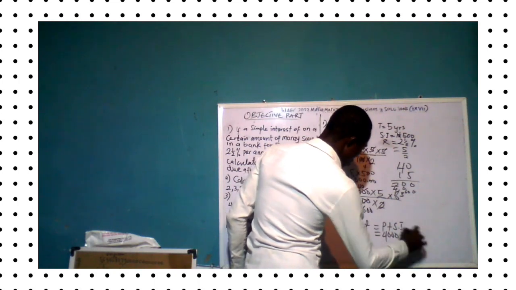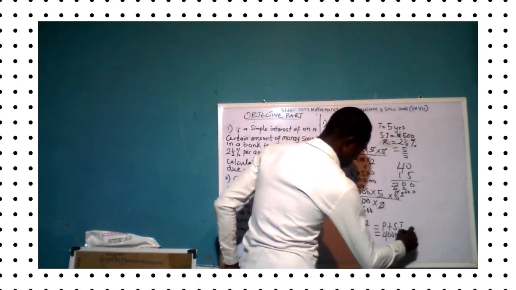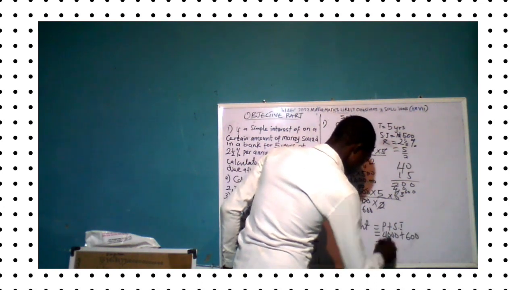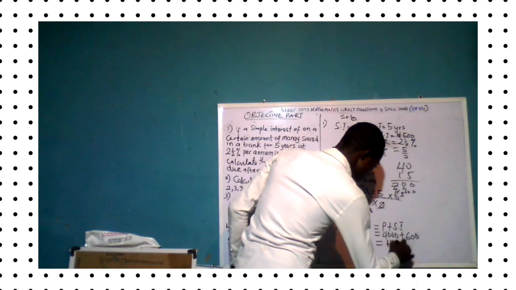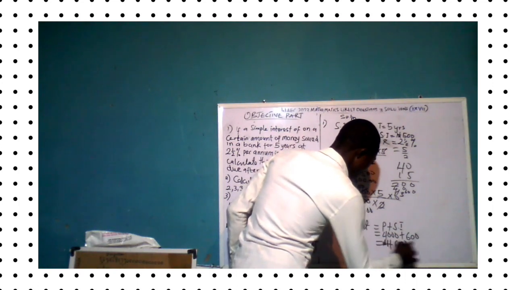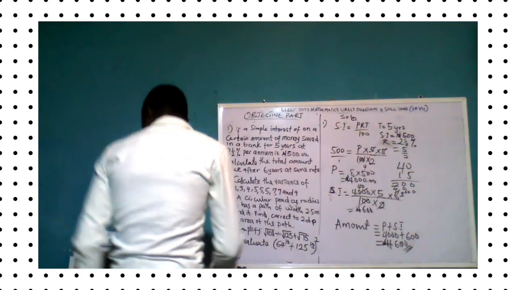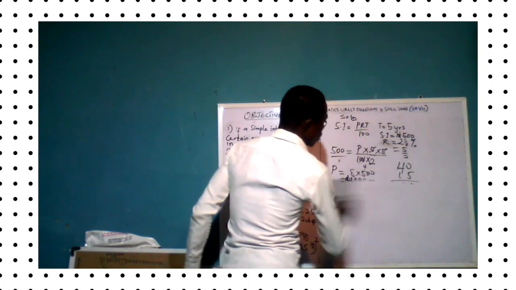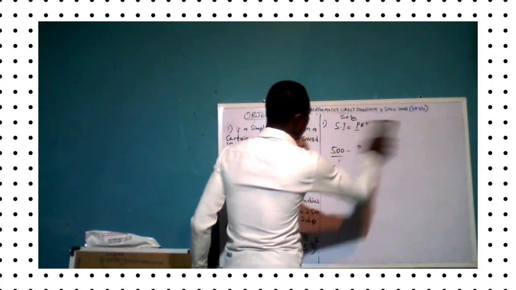Then the interest for the 6 years is equal to 600 naira. So therefore you have 4,600 naira. So you will actually find this in the options. So let's move to the next question, question number 2.